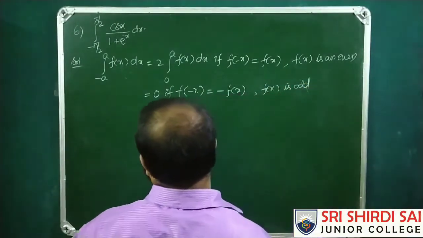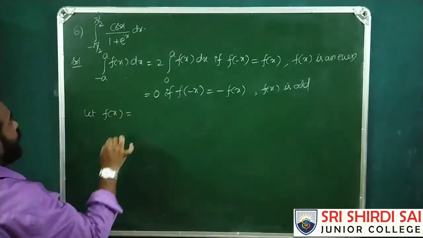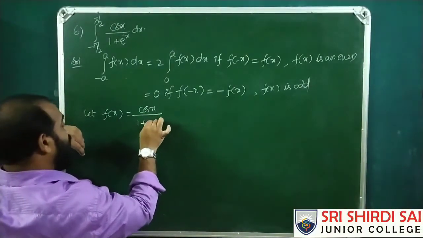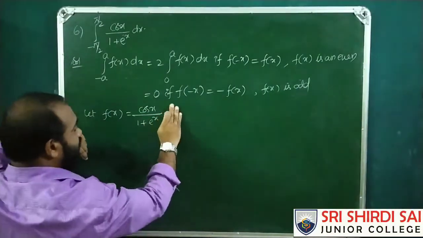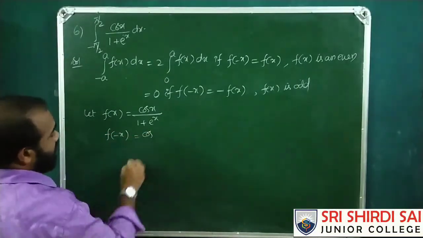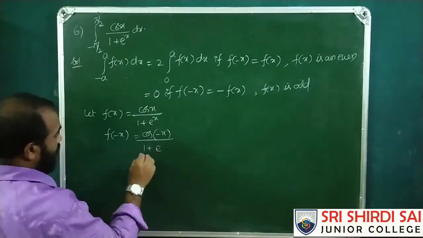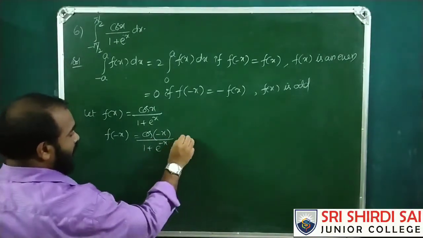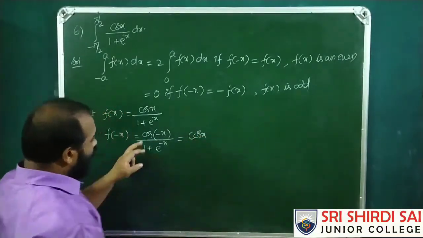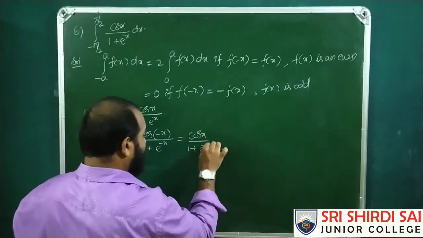Let us examine. Let f of x equal cos x by 1 plus e power x. So f of minus x is cos of minus x by 1 plus e power minus x. Of course, cos of minus x is cos x because cos x is an even function, by 1 plus e power minus x.